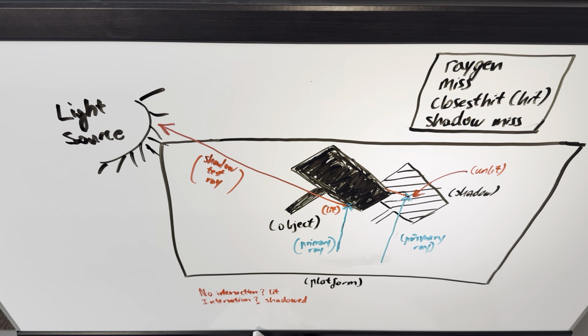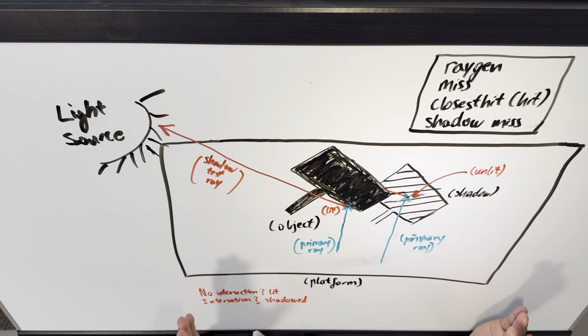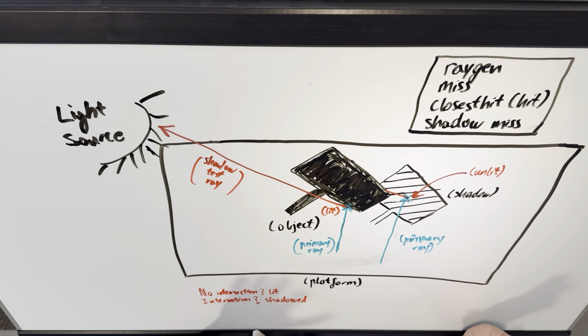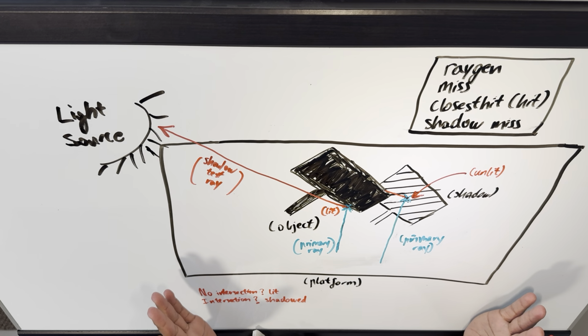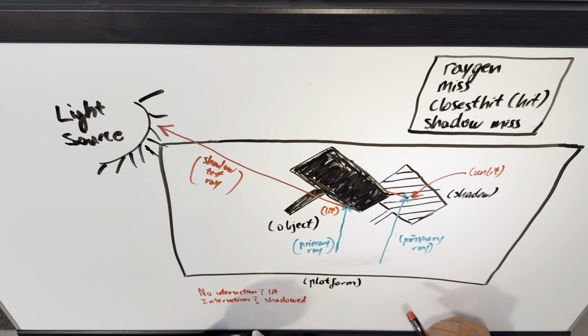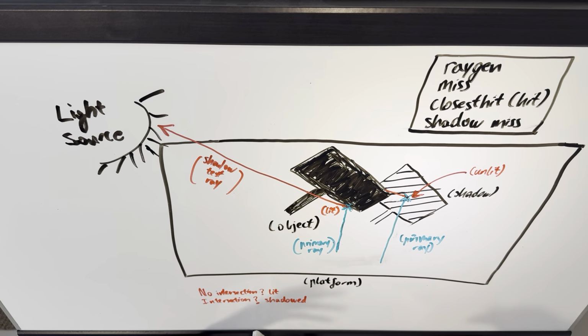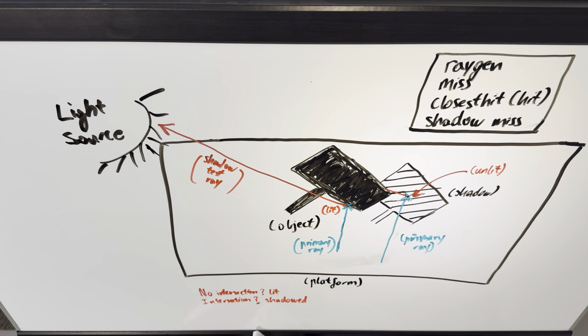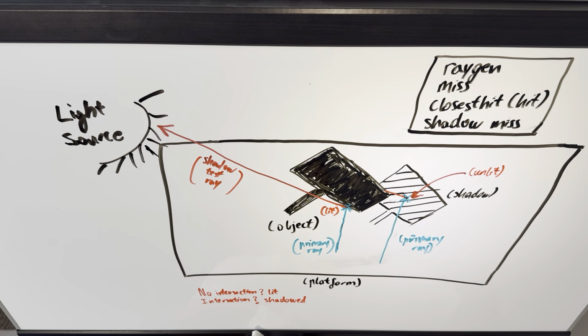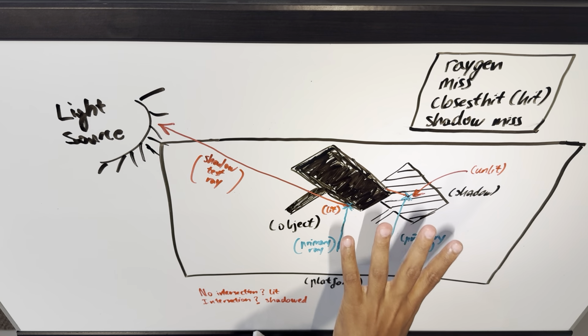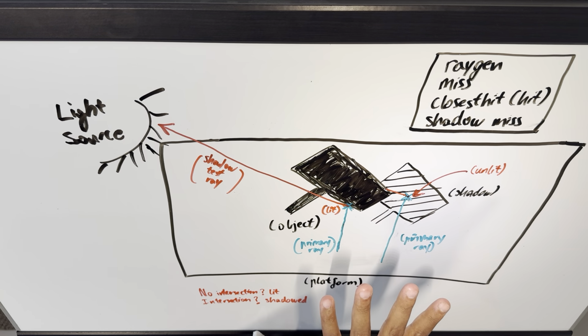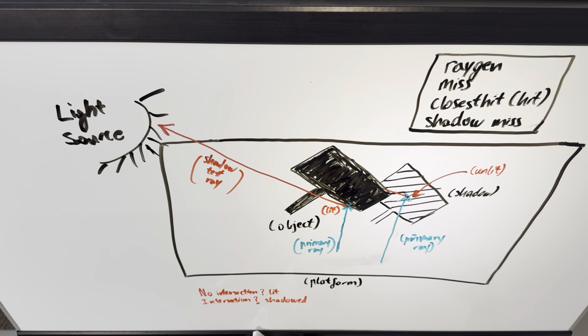All right. Now, in the application, I don't know why this was done this way, but as soon as the application is started and the scene and the primary rays and everything is generated, everything is assumed to be shadowed.